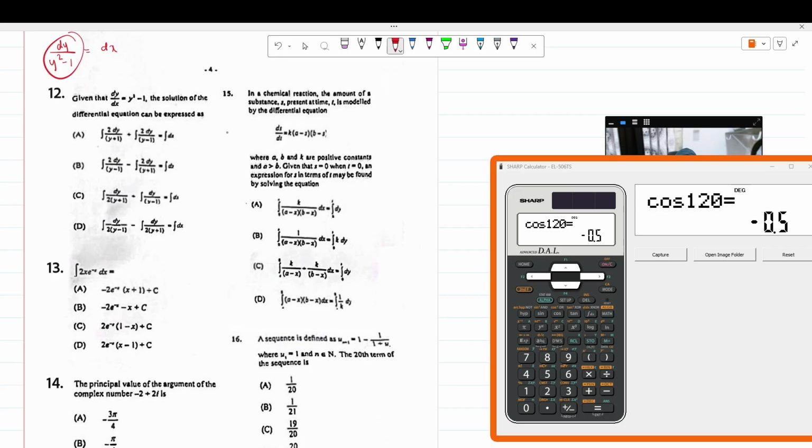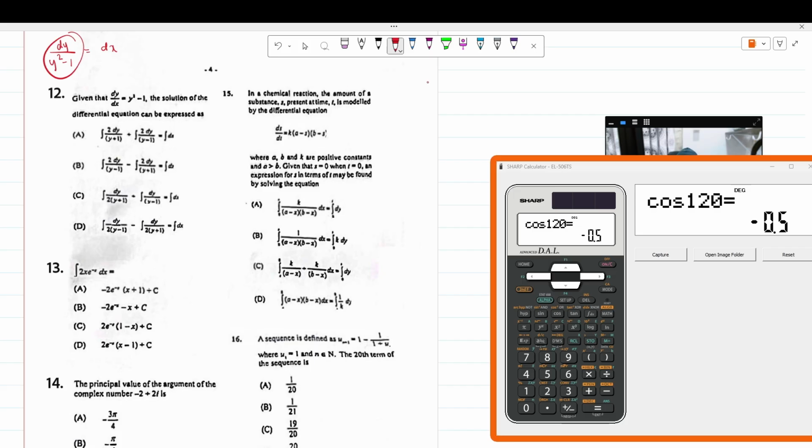So we have to break this up into partial fractions. All I'm going to do, I'm going to ignore the dy's and see which one of these 4 options gives me back 1 over y squared minus 1. So I'm not going to evaluate partial fractions. I'm going to check and see which answer gives me back my original expression.